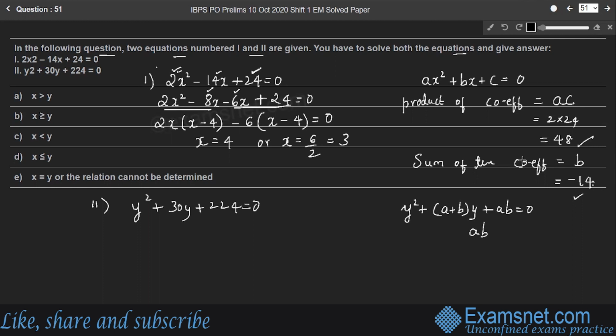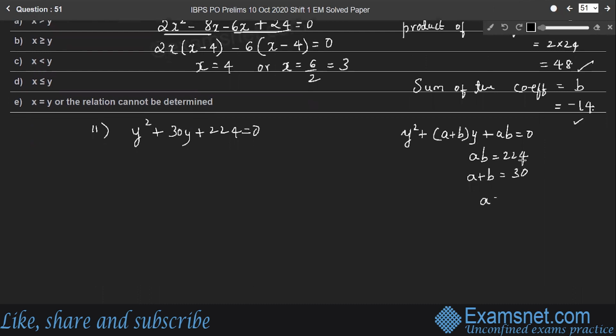Here ab is 224 and a plus b is plus 30. Right? Therefore, a is equal to 14, b is equal to 16, or you can interchange these values, a as 16, b as 14. Therefore, the middle term can be written as y square plus 14y plus 16y plus 224 is 0.